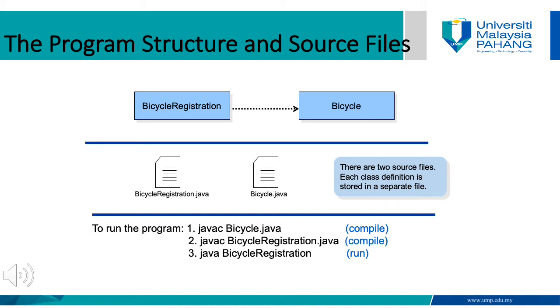In order to run the program, first you compile Bicycle.java and see if there are any syntax errors, and fix them. Then you compile BicycleRegistration.java, and once you successfully compile these two Java files, you can get the output by running java BicycleRegistration.